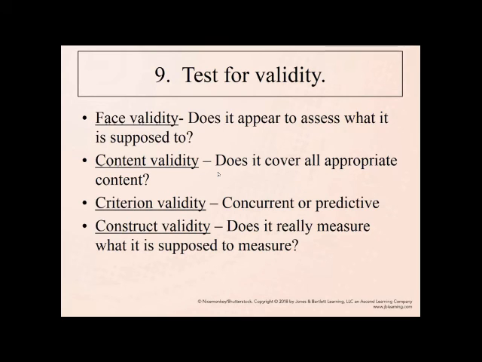Construct validity can be difficult to assess, but is very valuable. Basically, it looks at the question, does your instrument really measure what it is supposed to measure? Factor analysis, a statistical technique, may be used to determine an instrument's construct validity.